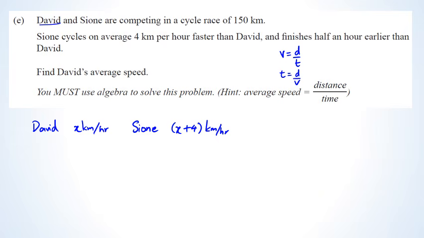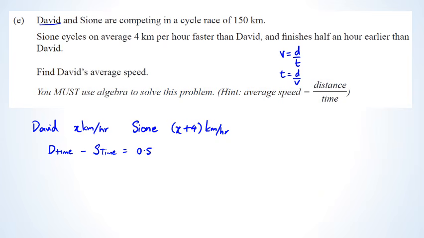Okay, that's because if we take David's time and we subtract Sione's time, we're going to get 0.5. So David's time minus Sione's time, we're going to get 0.5.